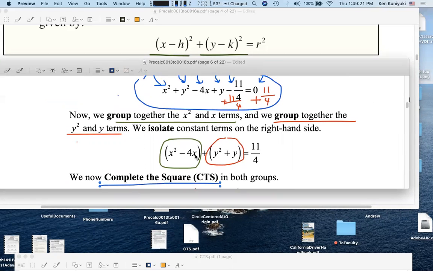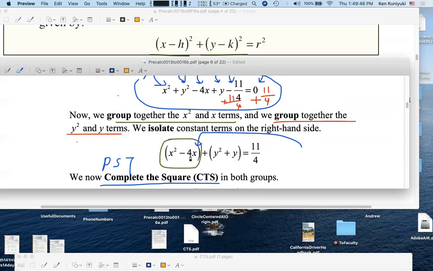How do we complete the square? All right, well, let's take a look at this x group here. We have x squared minus 4x. We're going to add a constant in here in such a way that the result will be a PST. The goal is to get a PST for our x group here. Now, what is the trick to completing the square? It's an algorithm.